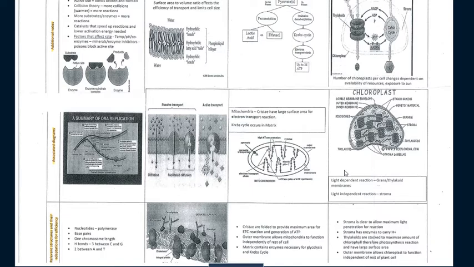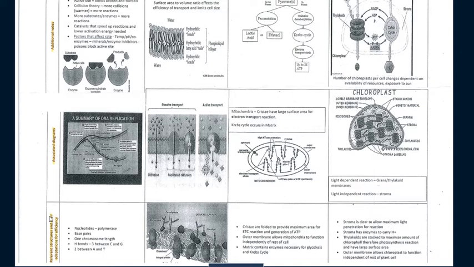Okay, so the light-dependent reaction occurs in the grana or thylakoid membrane. The light-independent reaction, okay, this one here, occurs in the stroma. Now, stroma is clear and allows maximum light penetration for reactions.